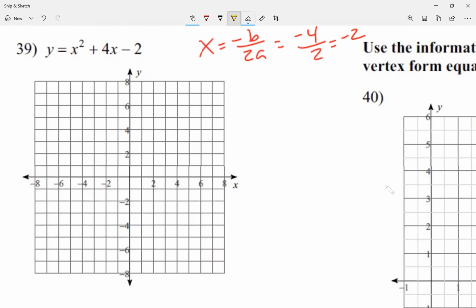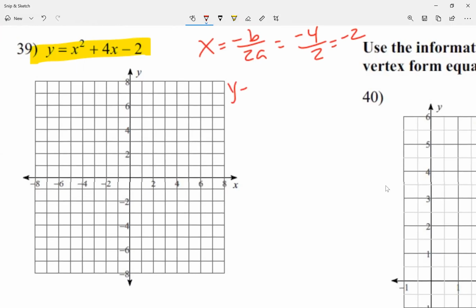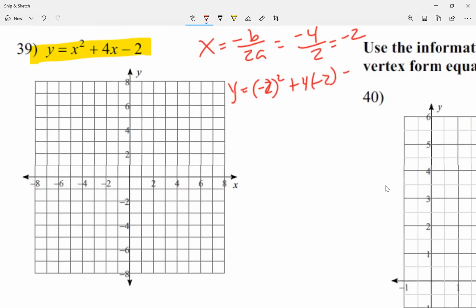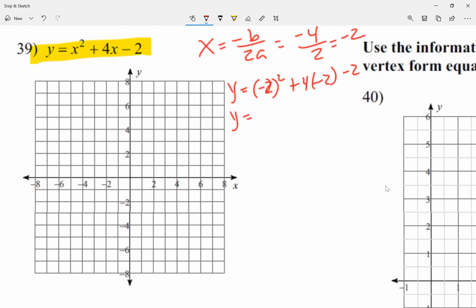Now let me use that equation to find my y value. I have y is equal to negative 2 squared plus 4 times negative 2 minus 2. I'm using negative 2 for x. So that means that y is equal to 4, right?